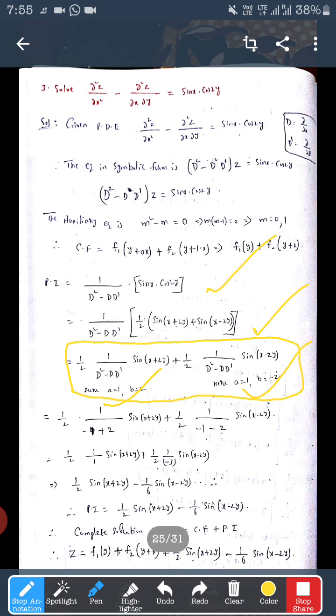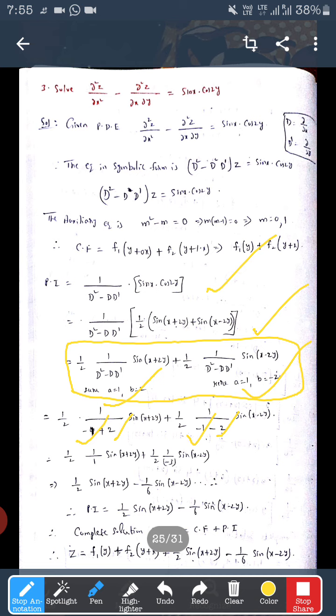In place of D square, we substitute minus a square, that means minus 1. In place of D' minus ab, that means 1 into 2, 2. Minus, if you write minus, minus 2. So minus of minus 2 plus 2. Here also in place of D square, minus a square, that means minus of minus 1. In place of D' ab, 1 into minus 2, minus 2. If you write minus, minus of minus 2 plus 2, so this becomes minus 2.